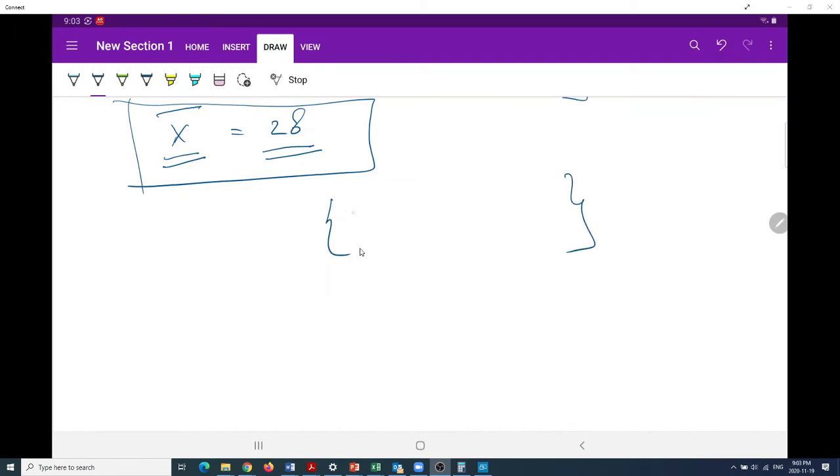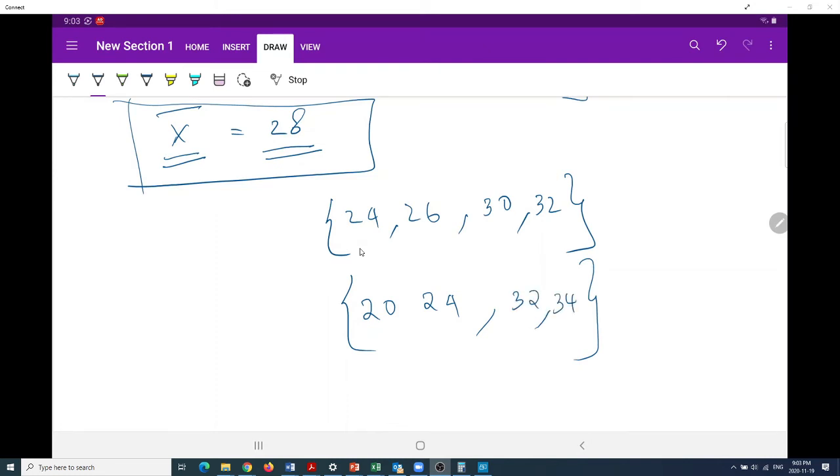You could always have 24, 26, 30, 32. The average of this set is 28. There's another where you could have like 20, 24, and then you could have 32 and 34. The average of both are 28.